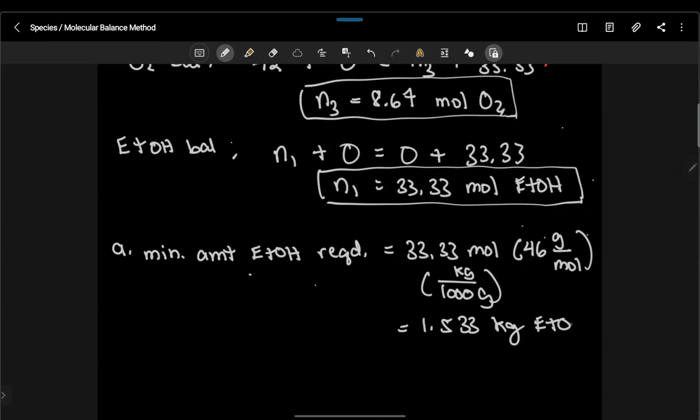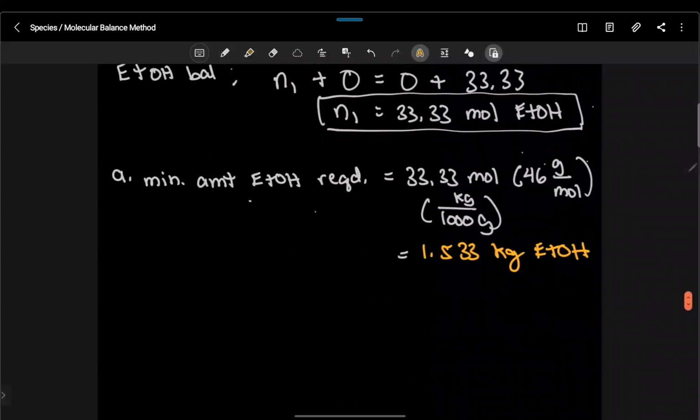Yan therefore yung required amount in kilograms ni ethanol na kailangan mong ipasok doon sa process to obtain the desired productivity and concentration of your acetic acid. Okay? So pag binago mo yung amount na yan, malamang magkakaroon ka ng mga conversion and other parameters. So this is the answer.